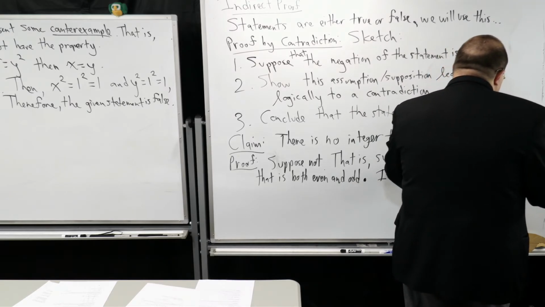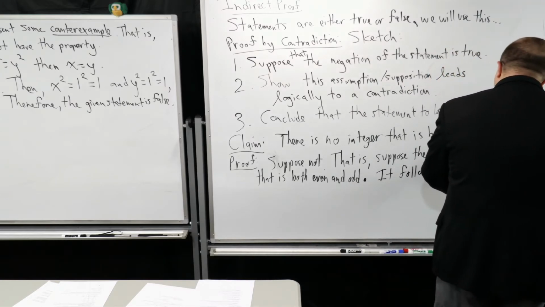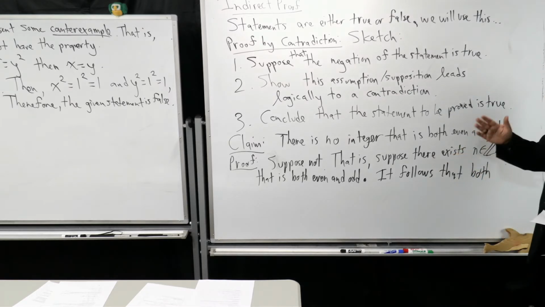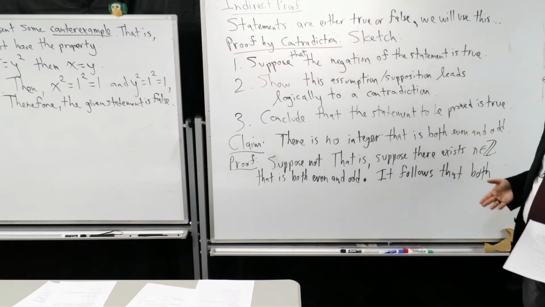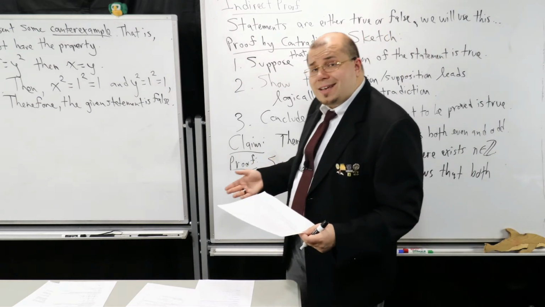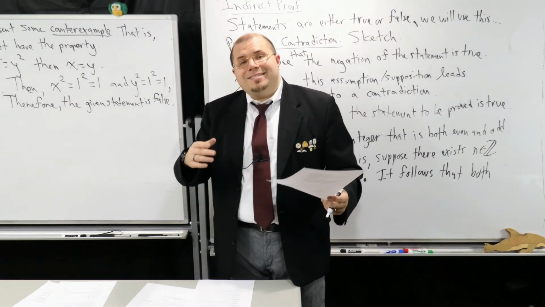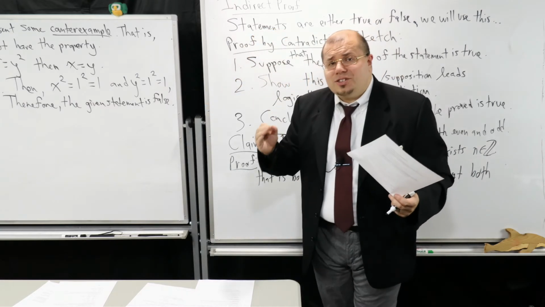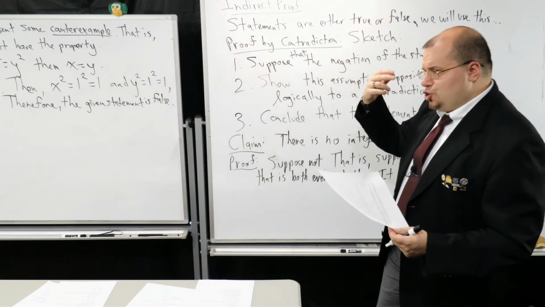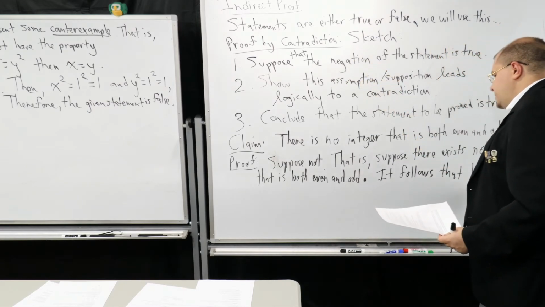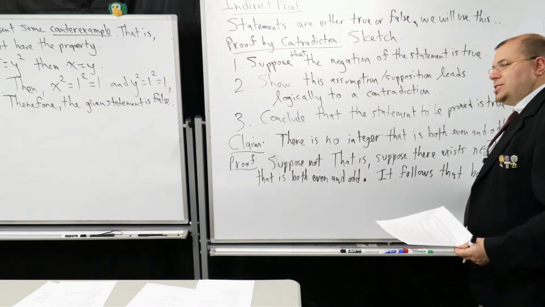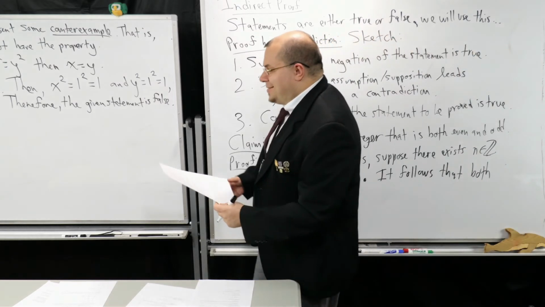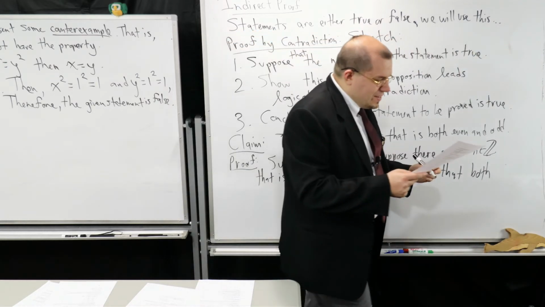It follows that both of the following properties hold. Now remember, n is both even and odd, so I'm going to use what I did before in my previous examples. I'm getting really excited. I used an existential instantiation to create two names, and I'm going to use them to try to derive a contradiction. So watch this.